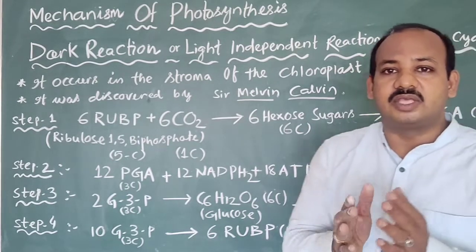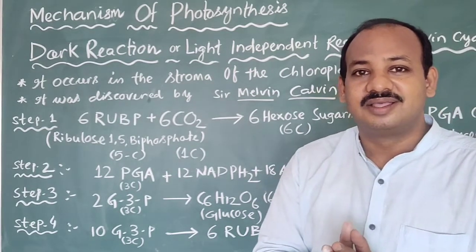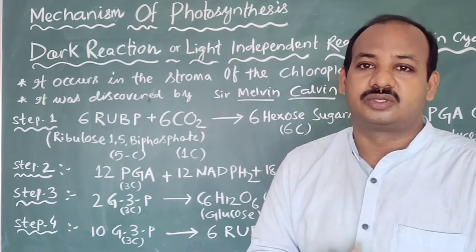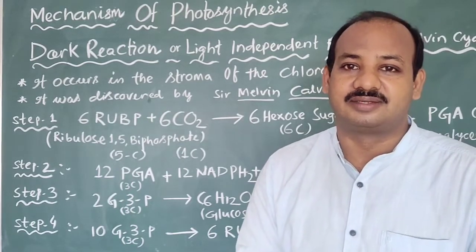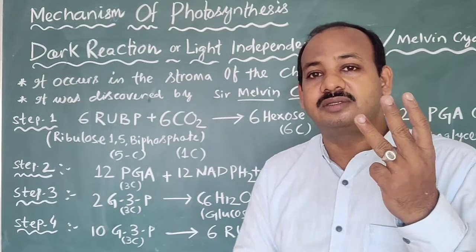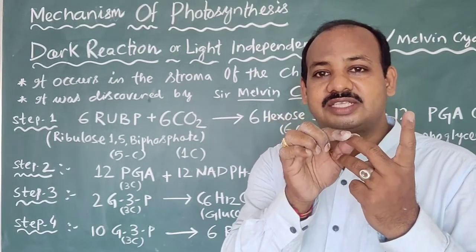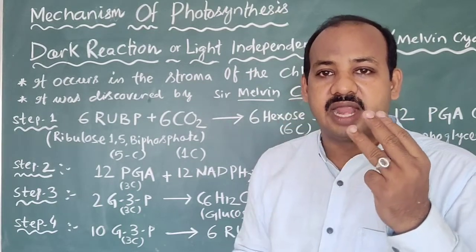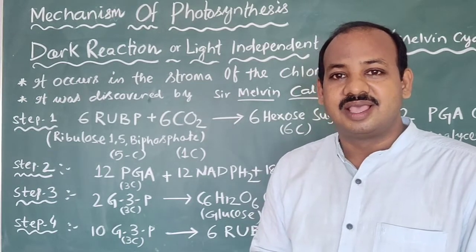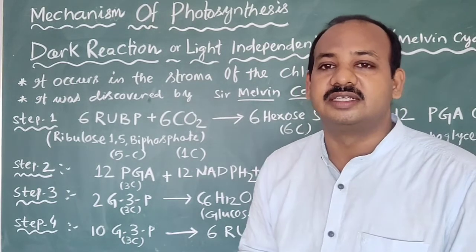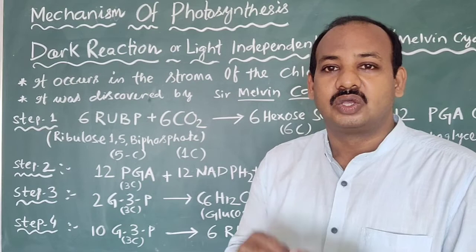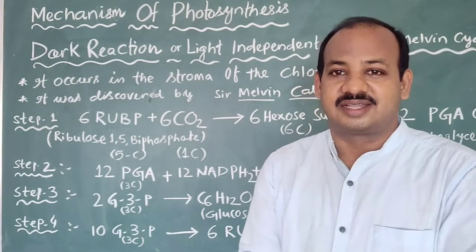So at the end of the dark reaction, glucose is produced. That is the byproduct of dark reaction. And during light reaction we have seen oxygen, NADPH2 and ATP are the end products of light reactions, and the end product of dark reaction is glucose and starch.